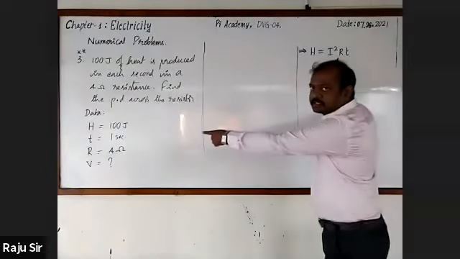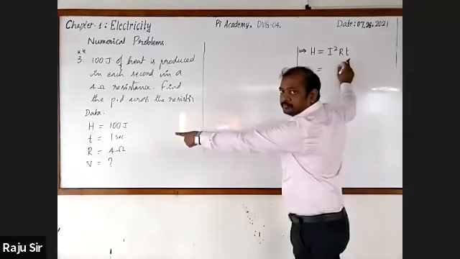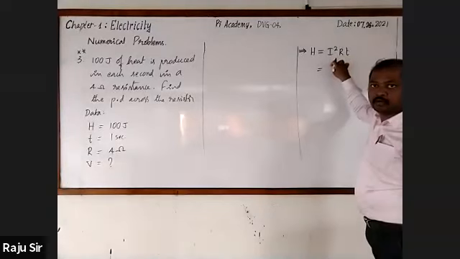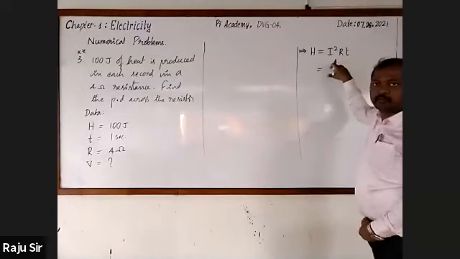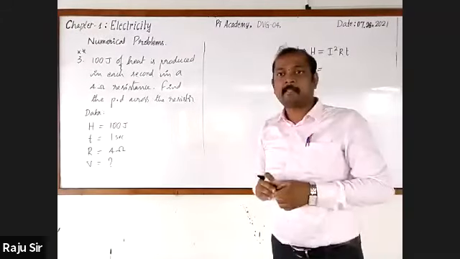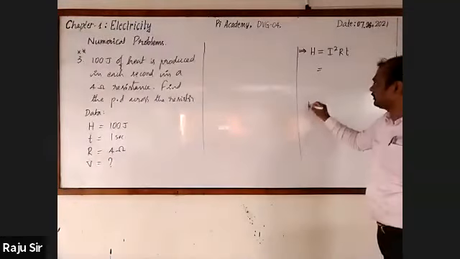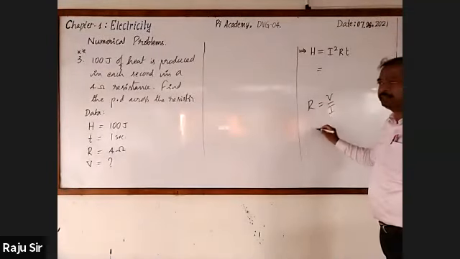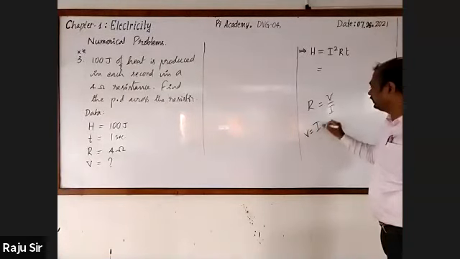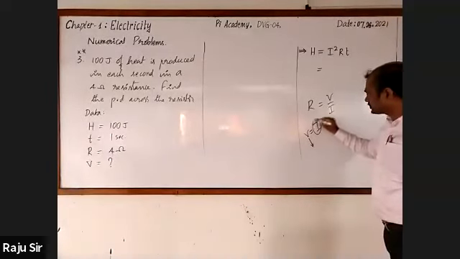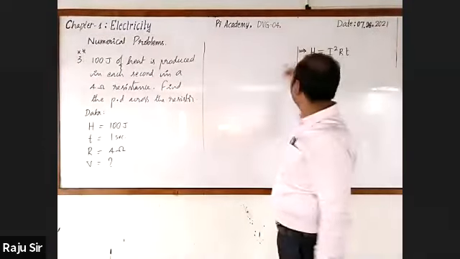We have electric resistance and also time as well as heat energy, but current is unknown. So first we have to find out the current. After finding the current, we can go for finding the voltage, because according to Ohm's law, we can write R = V/I and V = IR. If you want to know voltage, you must know current. First, let us find out the current by using this formula.